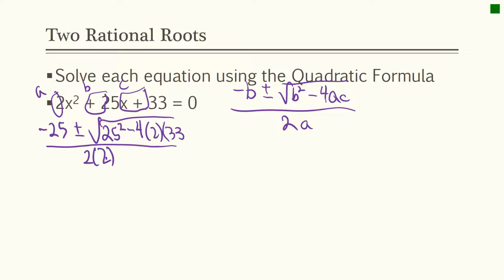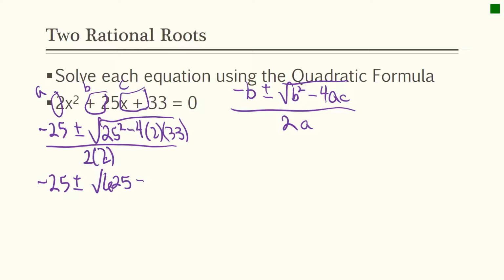All right, got some big numbers going here. We've got negative 25 plus or minus the square root of 25 squared. What is 25 squared? Glad you asked. That's 625. And then we've got negative 4 times 2 times 33.